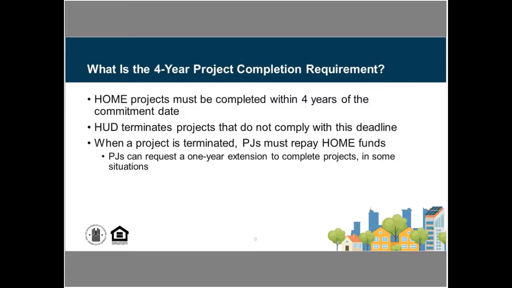Obviously, we want to make sure that we have a very good handle on the status of our projects and that we're really tracking this, because we don't want to be in a position where a repayment of funds is required. It becomes a key part of our process to make sure that we're in compliance with this.